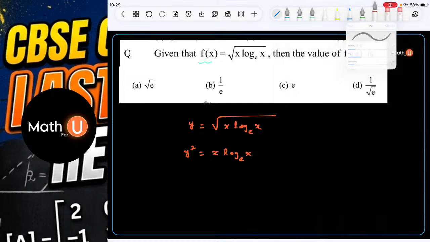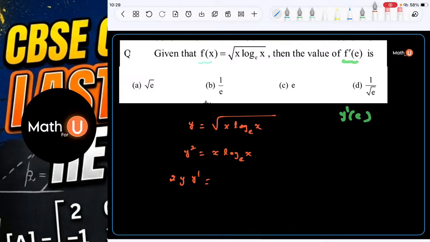If you differentiate this, we get 2y, y dash, where dy by dx is nothing but y dash. Again apply the uv rule: x differentiation 1, log x as it is, plus x as it is, log x differentiation 1 by x, the x cancels, we get log x plus 1 equals 2y y dash.